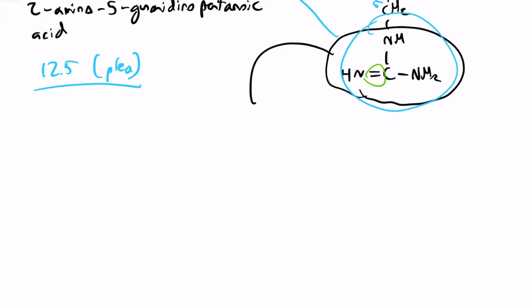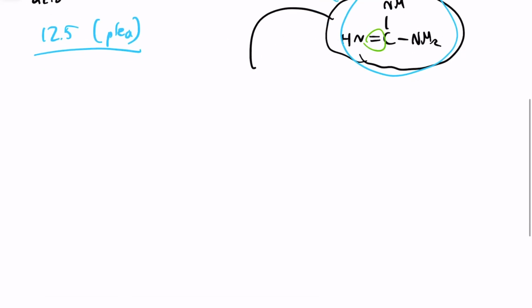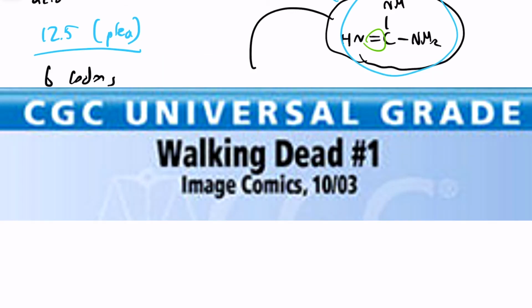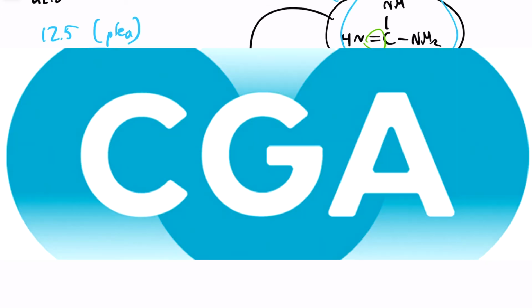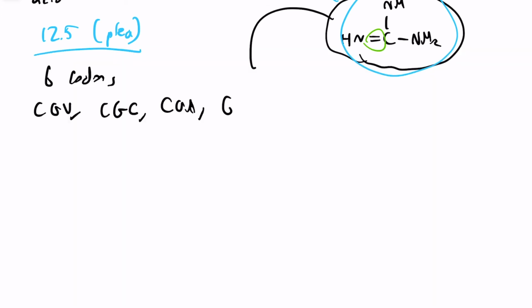Cool. So in terms of codons, there's actually 6 codons. These codons are CGU, CGC, CGA. This is a terrible G. I seem to just struggle with writing G's. CGG. And then we've got 2 AGs.